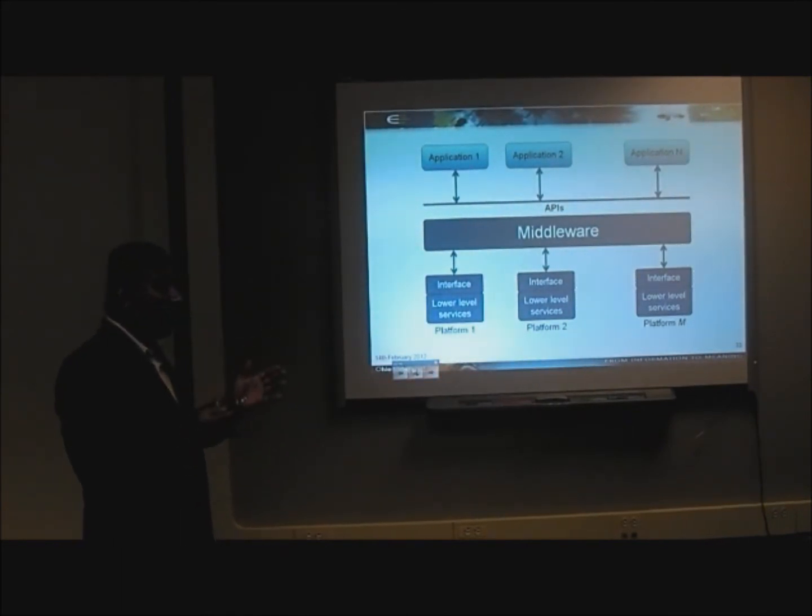What kind of lower level services are we talking about here? It could be operating system services. It could be web services. So it could be services of different granularity. But the point is that a layer of middleware provides you a single API for the applications or for anything else, so that you don't see the heterogeneity at the lower level.